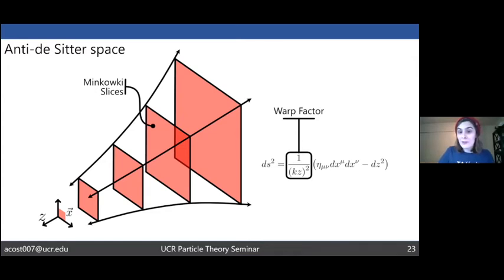This eta mu nu dx mu dx nu is the Minkowski-like planes that you're used to. But we can see that these Minkowski slices are scaled up and down by this factor out in front. I've drawn this over on the left here, where there are these Minkowski slices, and they're scaled up or scaled down as you move through the extra dimension.